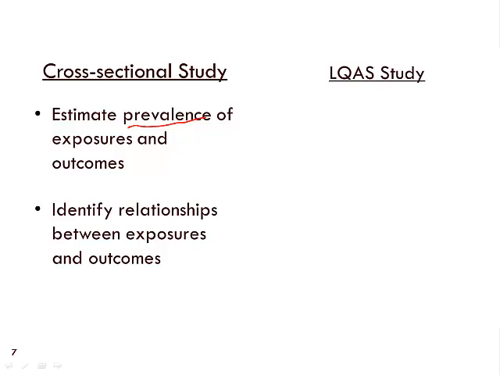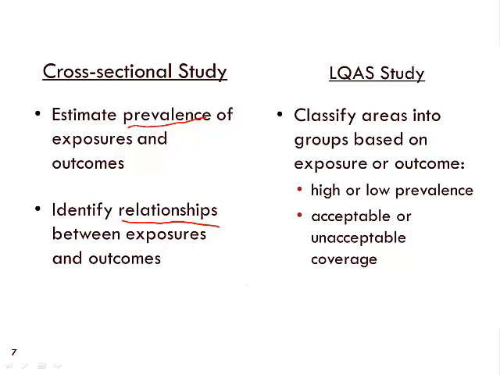And then we would also be able to look at relationships. So what things are related to being sexually active? What things are related to using contraceptives? And we would use, as Pierre said, the multiple outcomes and multiple exposures to try and understand relationships between different factors. How that is different from LQAS.